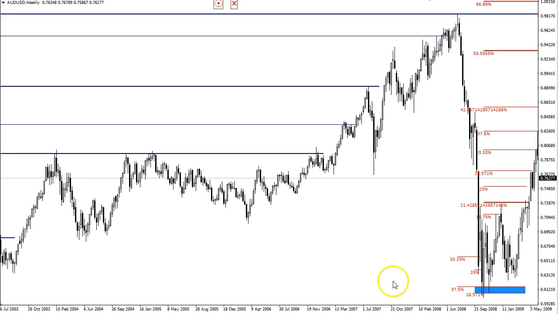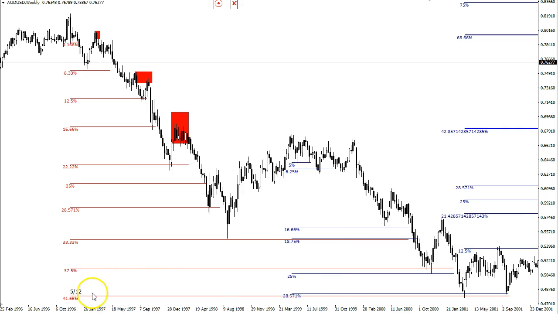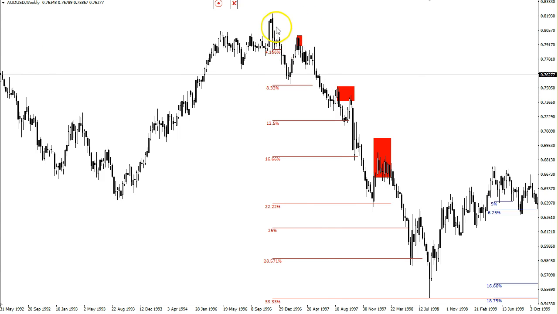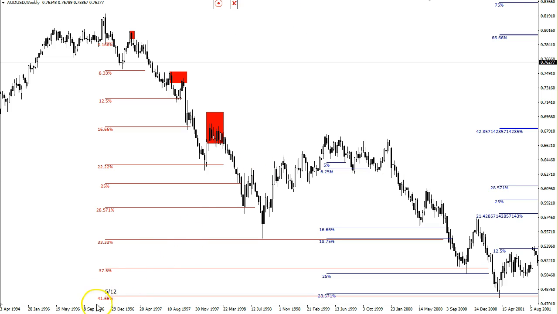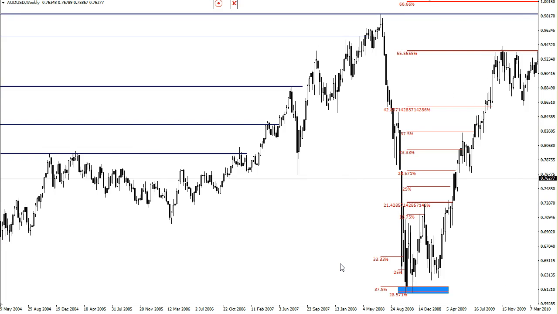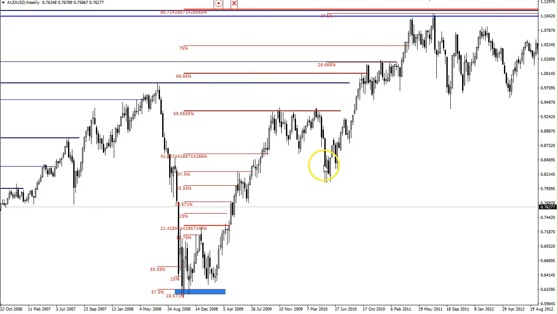Quickly, what do we have? 41.6 is important. From that historical high when we start trading in AUDUSD, 41.66 gives you the major low. That major low has some interesting percentages or stronger percentages here.